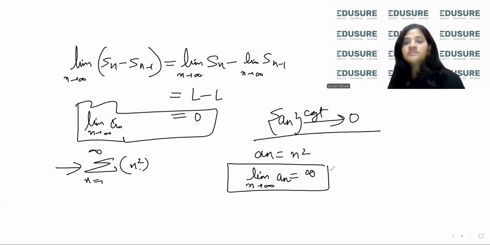And we also learned the divergence test. That means if the nth term of the series does not go to 0, the series cannot converge. This we can confirm. But the converse may not be true. That is, if the nth term goes to 0, we don't know whether the series is convergent or not. We will see that in the next class. See you in the next class.